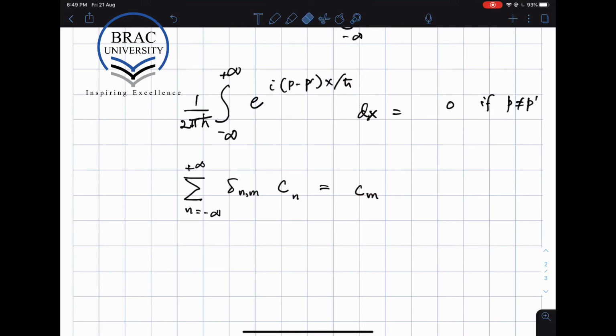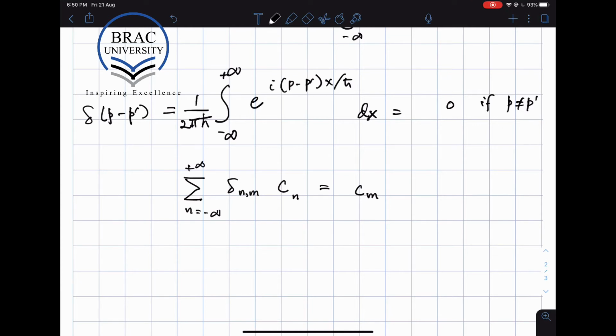Let me give this integral, which we don't know yet, a name. Let's call it delta, and it has an argument, say p minus p prime. It should only depend on the difference between these two things.